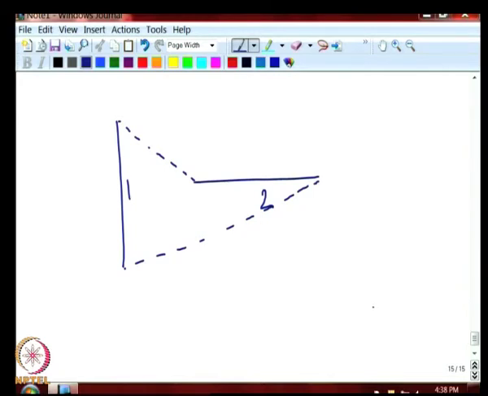Then comes the cross string. So, one cross string is very easy, this one. The other cross string you have to apply rather carefully, and the other cross string really has to be like this. Okay.